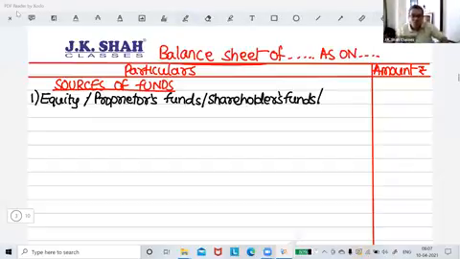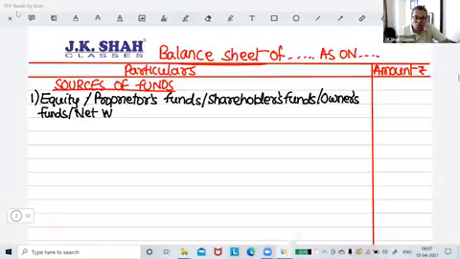The one word we normally use, right? Owners funds, and also called net worth, not the net worth which you have in your mobile, but net worth. So I should be knowing that it is called by so many names: equity, proprietors fund, shareholders fund, owners fund, net worth.